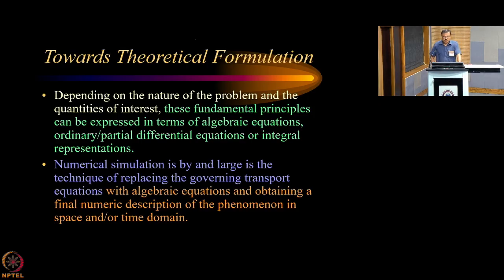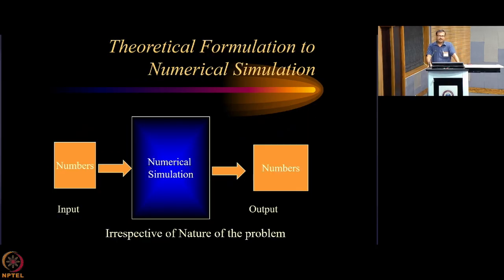Okay, so now what a numerical simulation means, the name itself is telling that it is numerical. Behind those numerals actually there may be some phenomena which are resulting into those numbers.